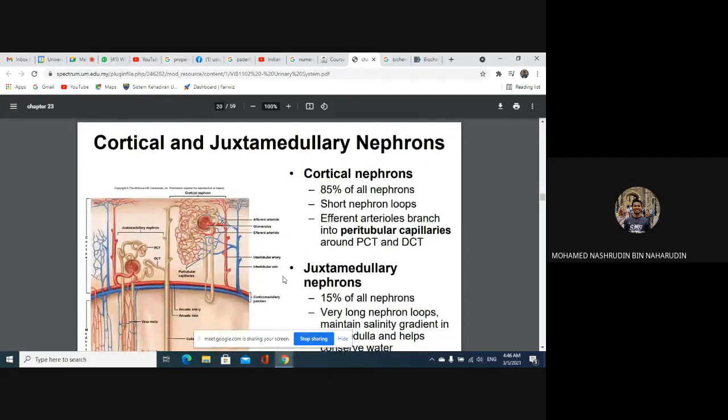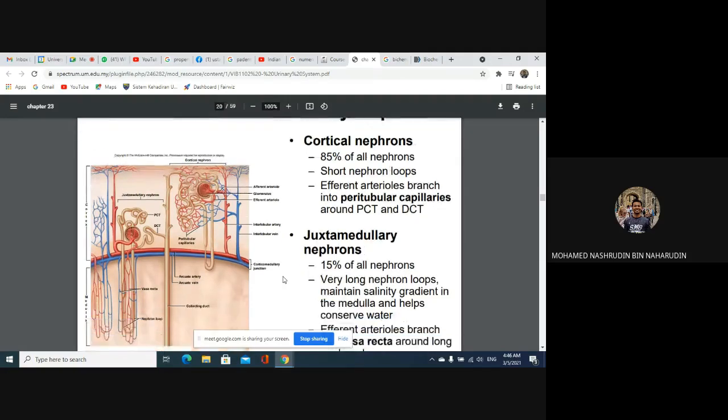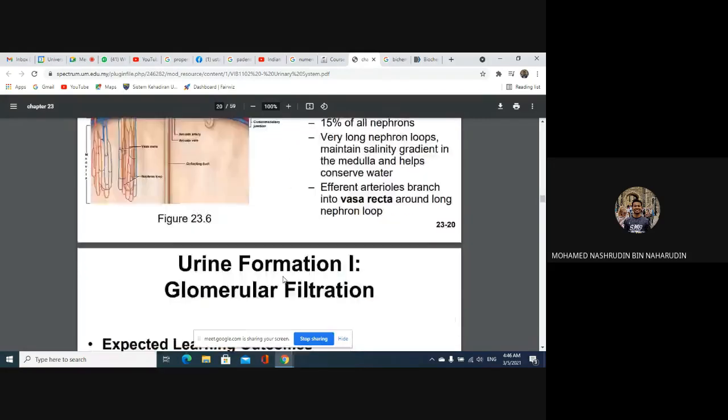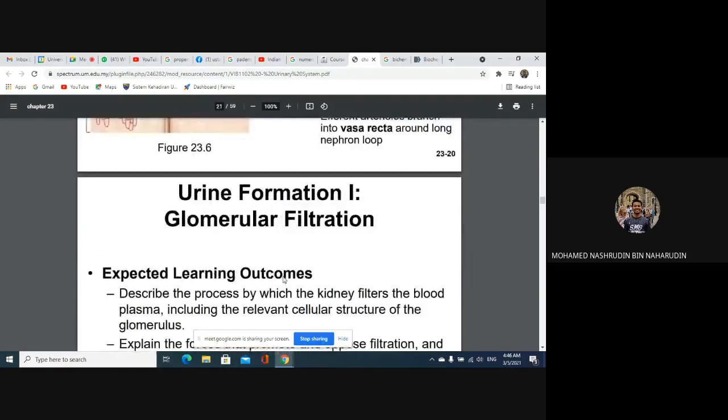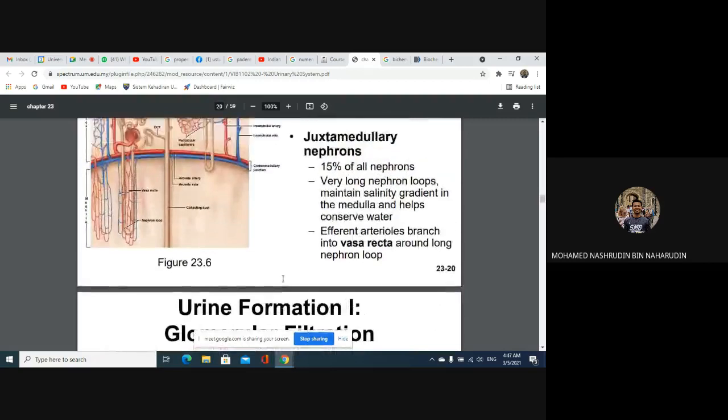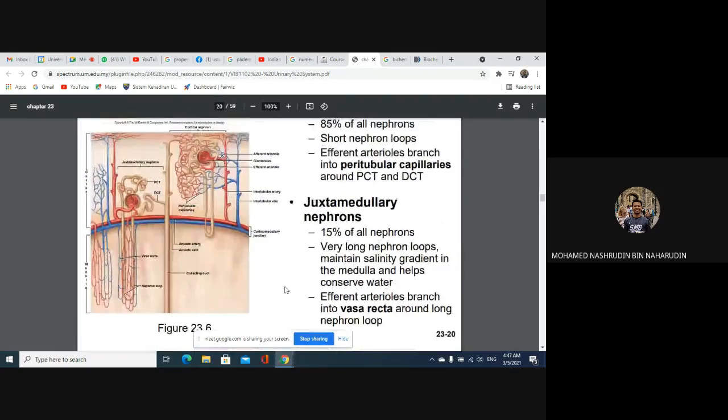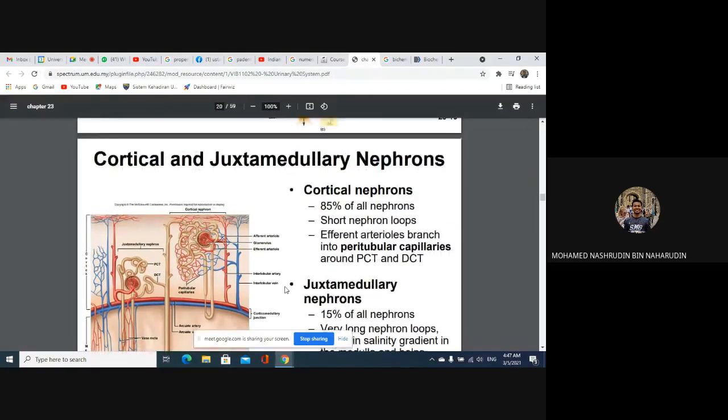Cortical and juxtamedullary nephron. I'm going to stop here for your information and continue this in another part of this series on this topic.